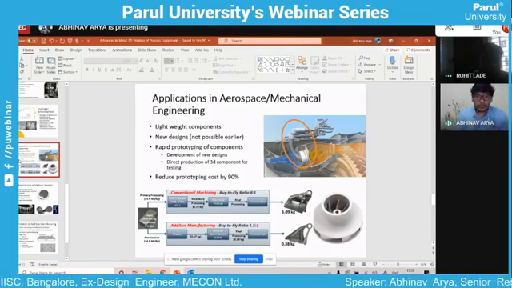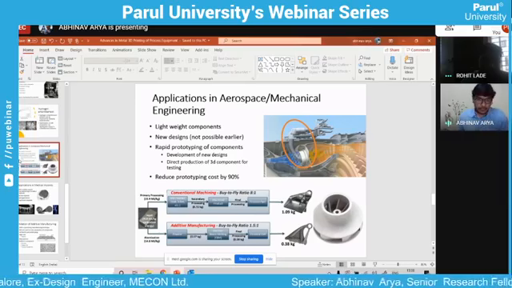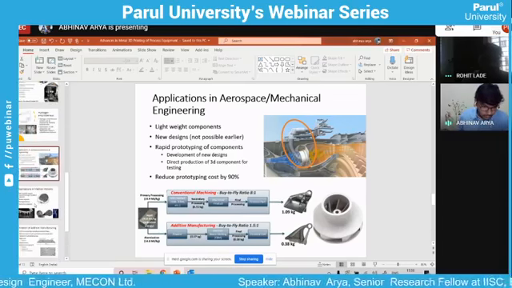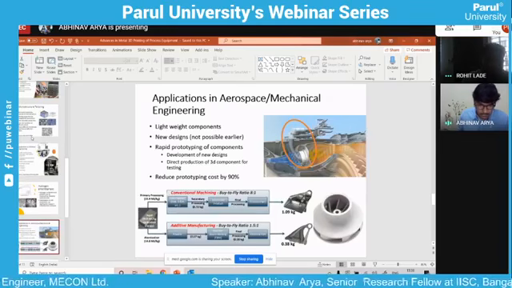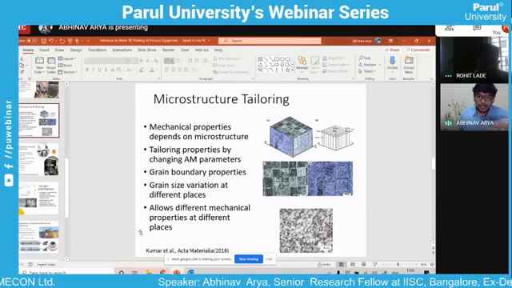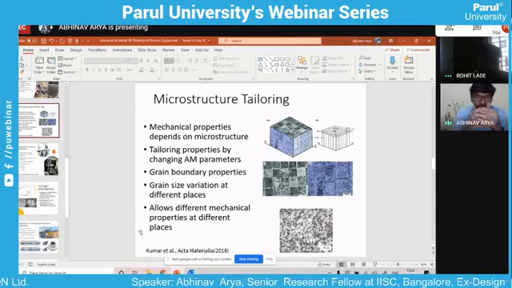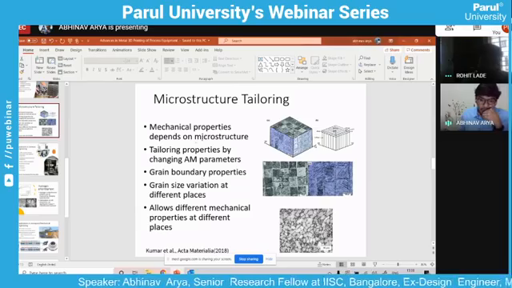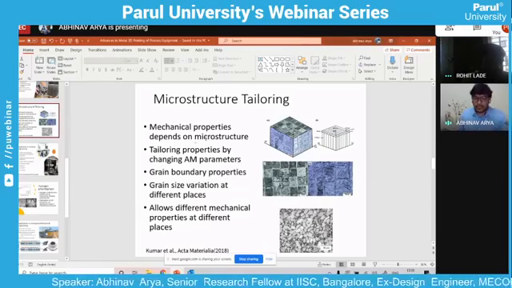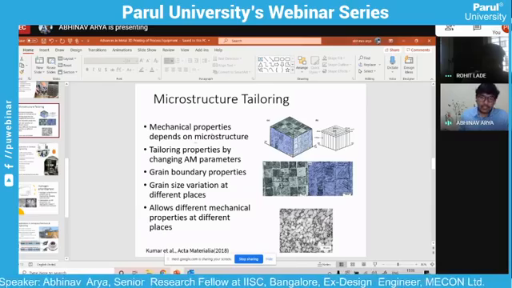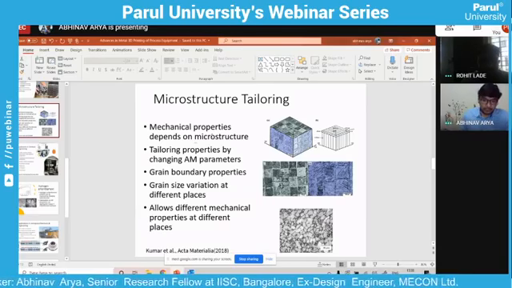As I've quoted here, I've shown the study from Kumar. They were also able to get better fatigue resistance in materials produced by additive manufacturing than the traditional counterpart. So yes, the mechanical property is better.